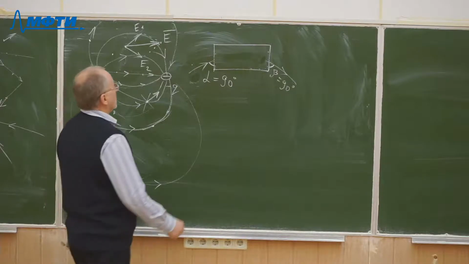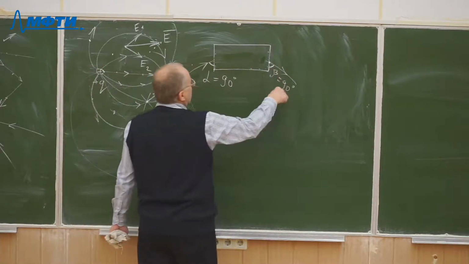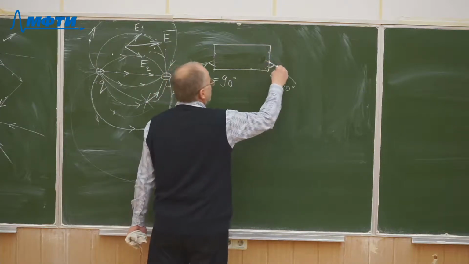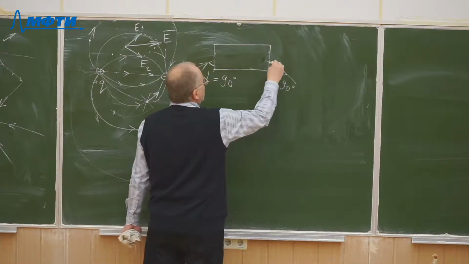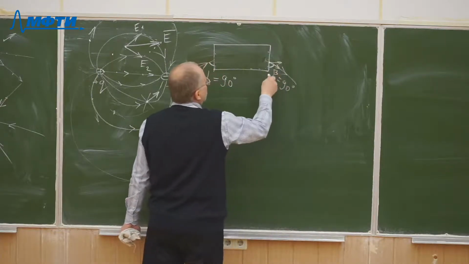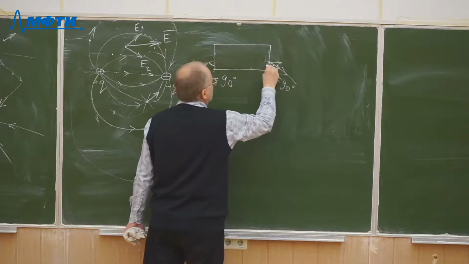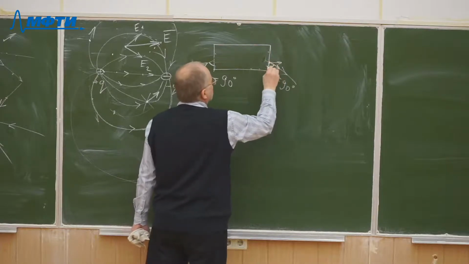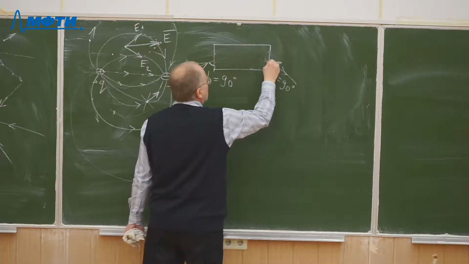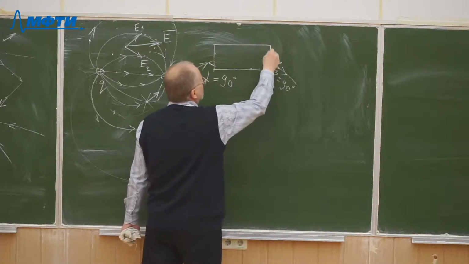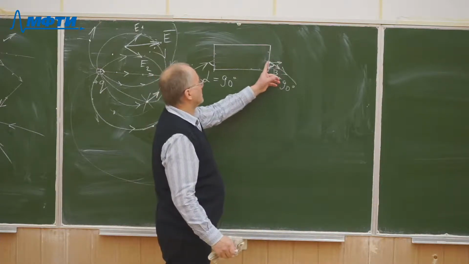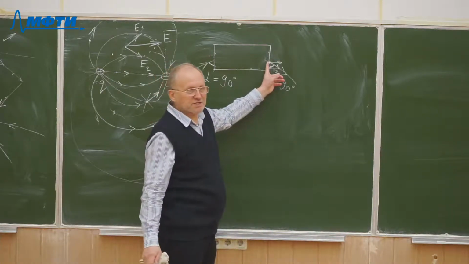Why so? Because if it's directed at any angle other than 90 degrees, then there will be a force acting on an electron, with a component of force normal to the surface and a component of force along the surface. And this component along the surface will cause the electron to move, and an electron moving along the surface is part of an electric current, and there should be no currents in electrostatics.